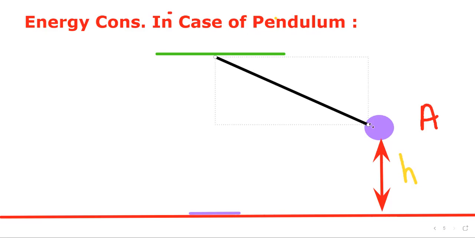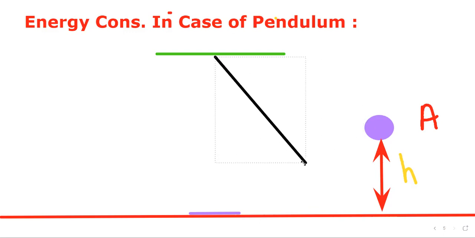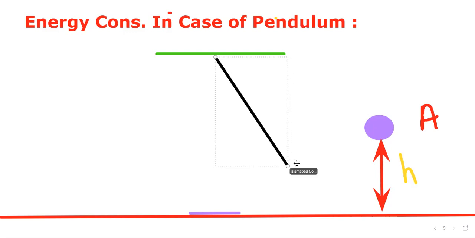When the pendulum is released from position A, it will move in a downward direction. Let's assume a new position here. At this point, the height of the pendulum is decreased, so it will have less height as compared to the previous height.